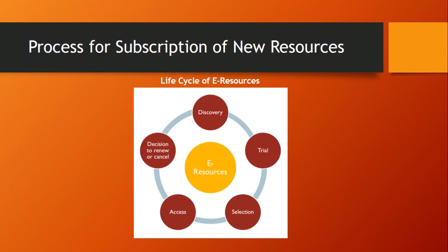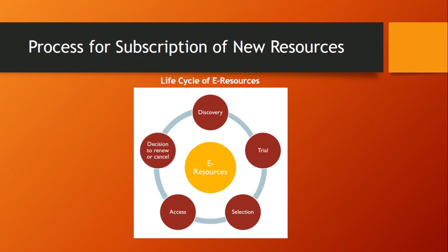Then we provide access to the users, and again based on the uses, evaluation and monitor management, we decide the renewal of the same e-resource for the next year, or we decide whether we have to cancel it.